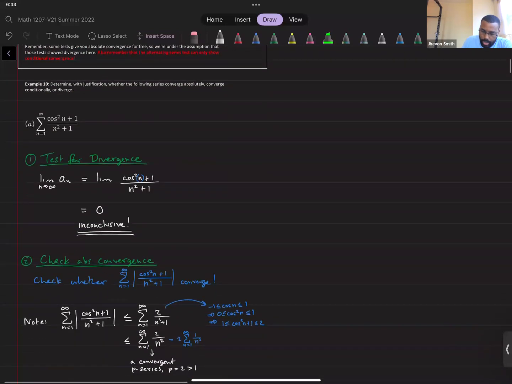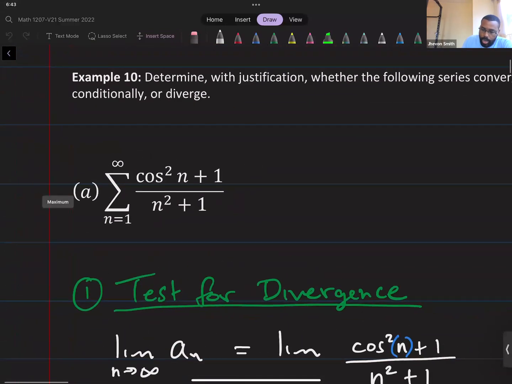And by the way, the comment I was going to make here is that because we know cosine squared is greater than or equal to 0, because it's the square of a real number, all the terms here are positive in the first place. So if this converges, it would be absolute convergence because there are no negative signs to get rid of with the absolute values.